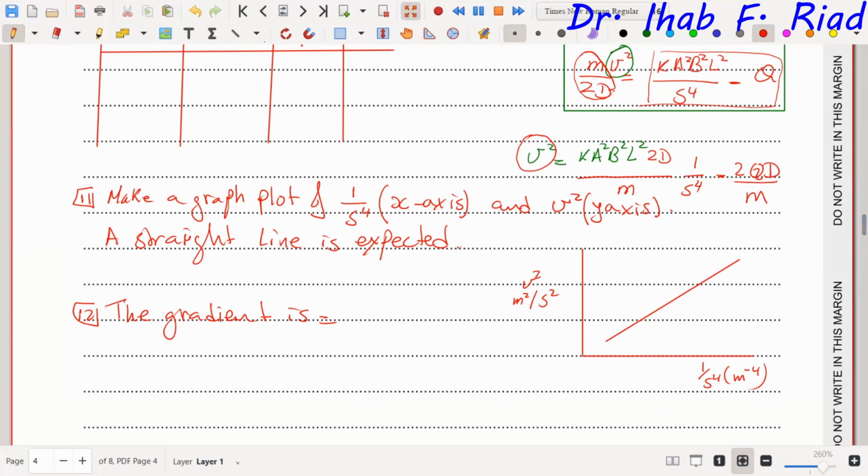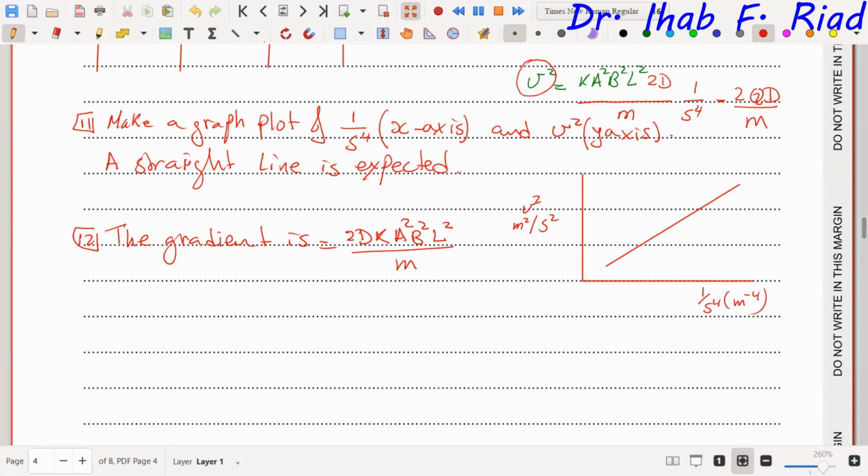So we write it as gradient is equal to 2D K A square B square L square divided by M, right? Yes. Okay. What is the intercept? Minus 2QD over M, right? Okay.